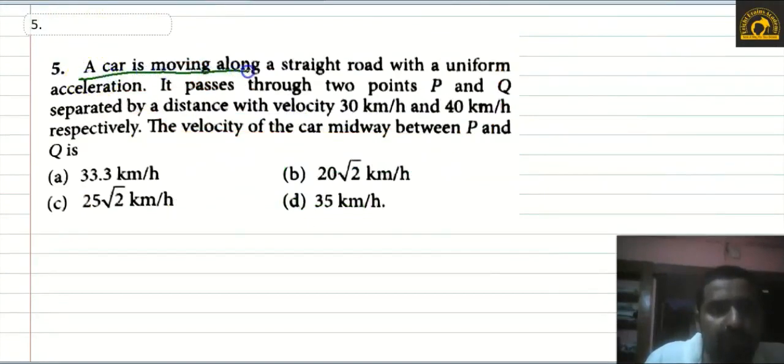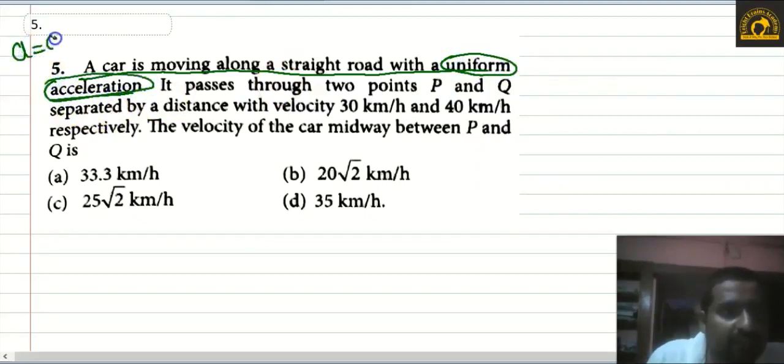A car is moving along a straight road with uniform acceleration. Look at the word, this is important: uniform acceleration. Uniform acceleration means the acceleration is constant throughout the journey.